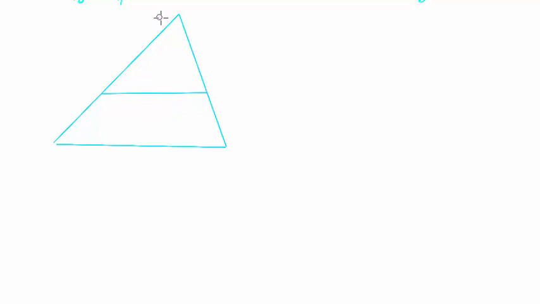So now I've got triangle A, B, C, D, E, and BC is parallel to DE. Then the theorem says that the sides are proportionate. In other words, the line cuts the sides into two proportional parts. AB divided by BD is equal to AC divided by CE.